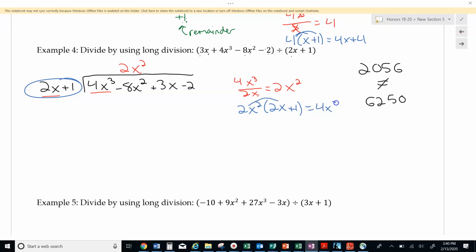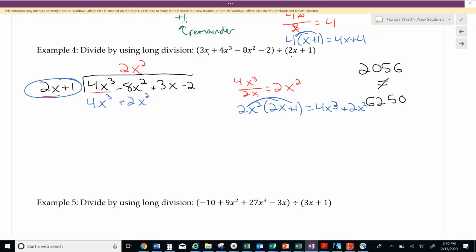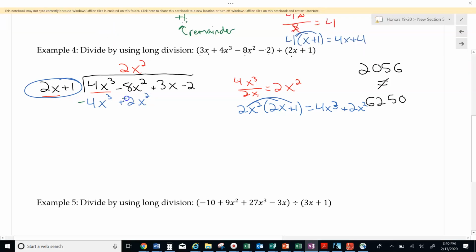That's 4x cubed, sorry, plus 2x squared. So I have 4x cubed plus 2x squared. Subtracting means changing signs. Those cancel. Negative 8 minus 2 is negative 10.